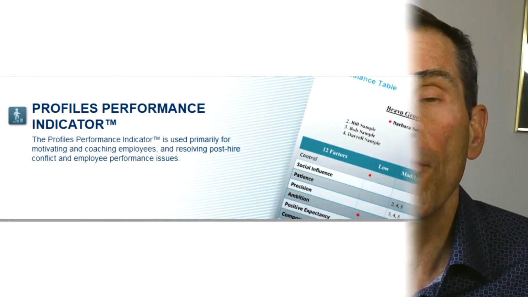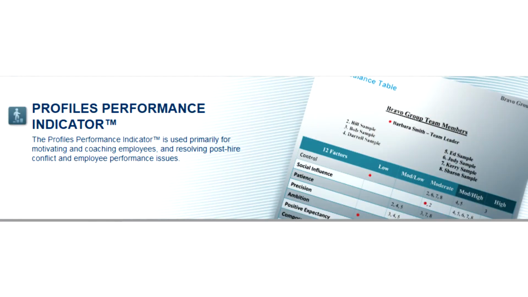Now, not only am I going to provide this criteria, and it's based on 5 competencies that I've borrowed or taken from our assessment called the Profiles Performance Indicator. And I find these competencies can be used very generally, but you can really adapt it to any position and have a really valuable discussion with the employee.